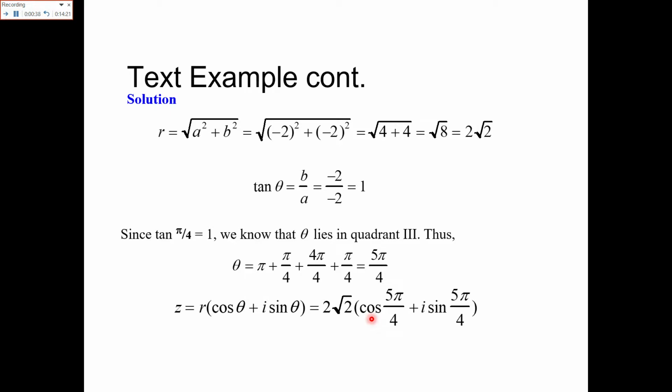So in the third quadrant, this value of pi by 4 is basically 5 pi by 4. So 2 into root 2 into cos 5 pi by 4 plus iota sin 5 pi by 4. Now you have converted your complex number into its polar form.